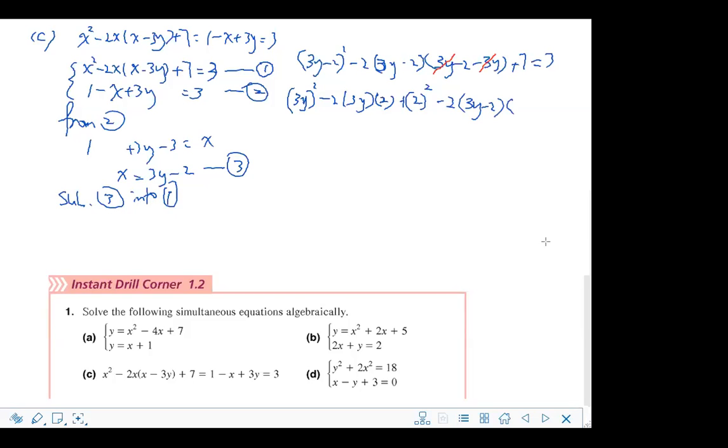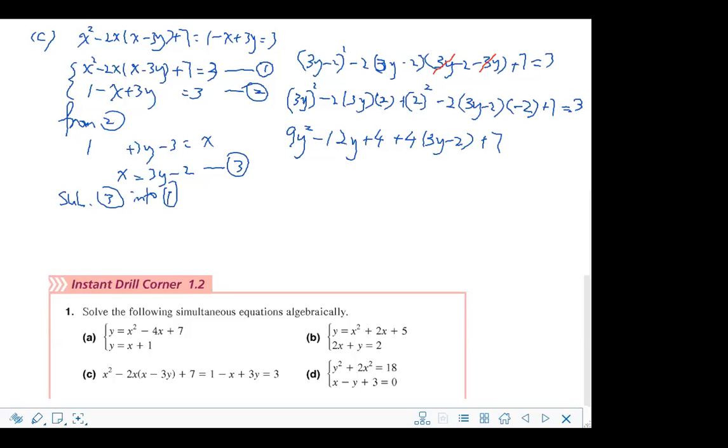So what is remaining will be just a negative 2 in this bracket. And then plus 7 is equal to 3. And then we further expand the bracket. It is 9y squared minus 2 times 3 times 2 will be 12y plus 4. Okay, and then this is double negative, becomes plus 4 bracket 3y minus 2 plus 7.